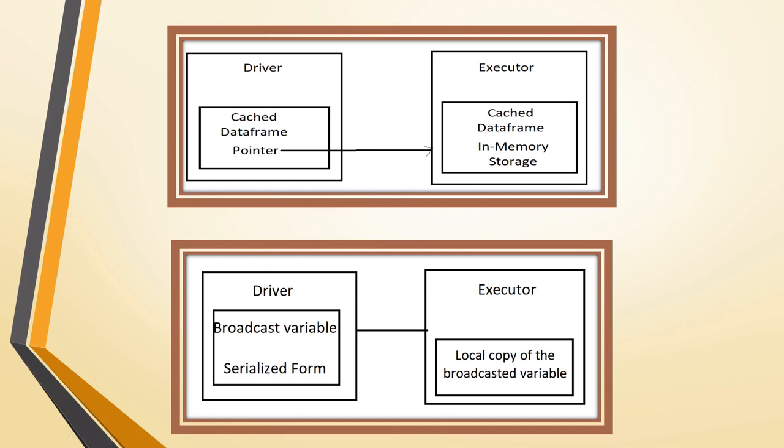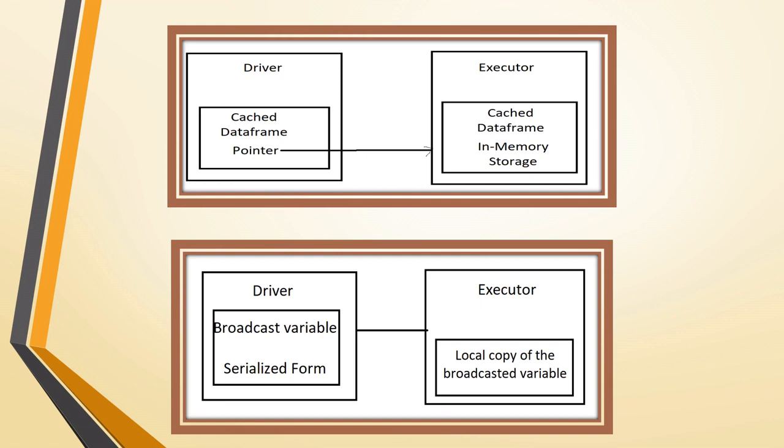Each executor stores its portion of the data frame in its local memory, which we know as in-memory storage. This in-memory storage on each executor contains the actual data of the cached data frame, and that is why it allows quick access during subsequent computations.